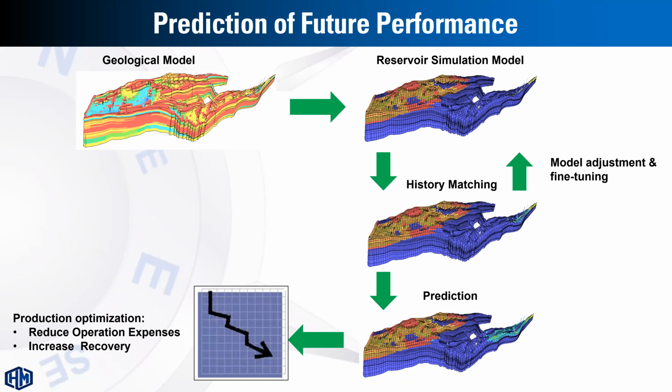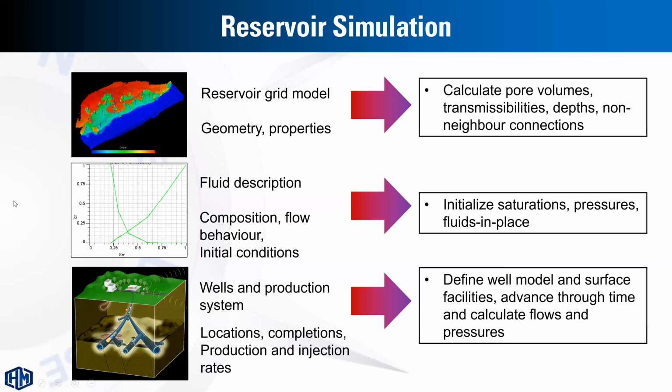So the mechanism of the simulator actually is using the grid model and grid geometry and properties. The simulator will calculate both volume for each grid block, transmissibility, and also non-neighbor connections between different grids, one grid block and surrounding grids, using what we call the PVT model and the rock physics function to define the fluid description and the flow behavior.